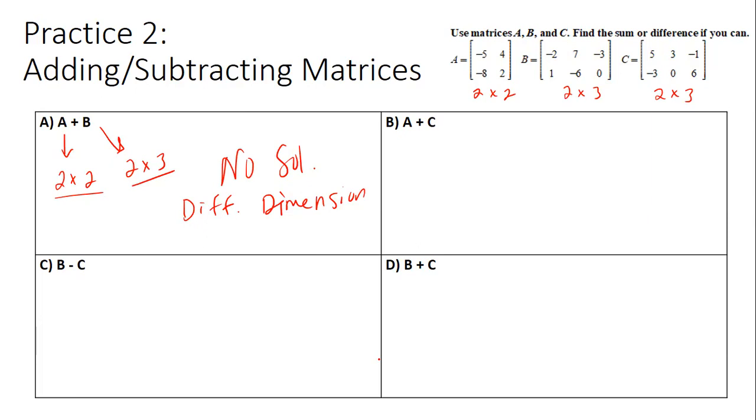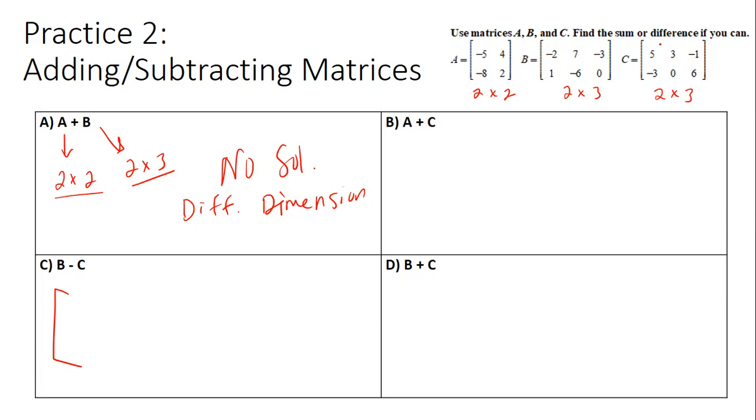All right. Now let's do C together. B minus C. What is B? 2 by 3. What is C? 2 by 3. Can I combine them? Yes. So when we say corresponding entries to corresponding entries, that means the first row, first element. This is my element 11, right?